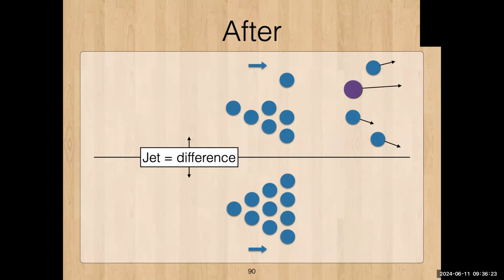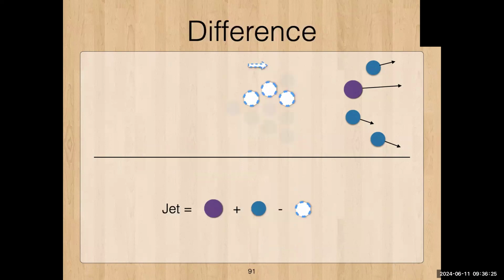If we do a subtraction, we can see that the difference is this, plus what's knocked out, minus whatever was there that's not there anymore. I think this is a functional definition of what most people are measuring at the moment: a jet is the difference between the two scenarios. In this case, it's this plus this minus this. So you can see that it quickly becomes more and more complicated as you look at different things.